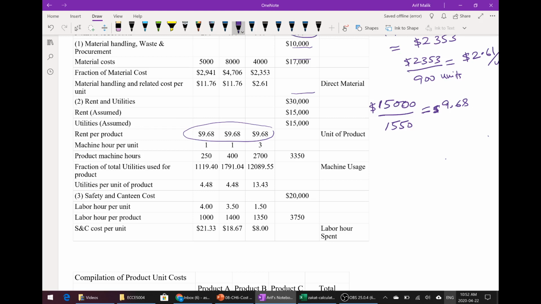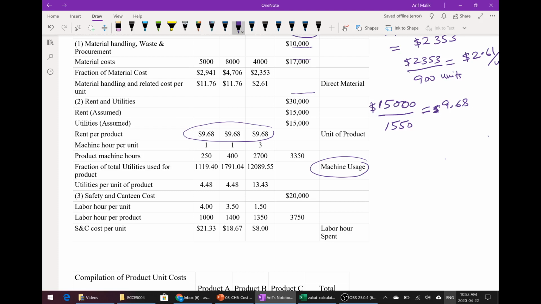For allocating the utilities, we are assuming machine usage as the basis. Machine usage is our cost driver, or the basis, which is driving this activity of utilities.